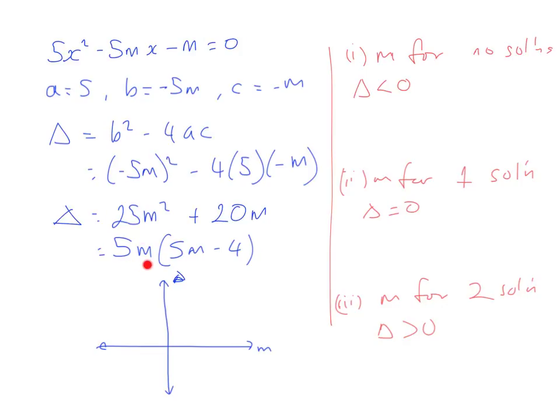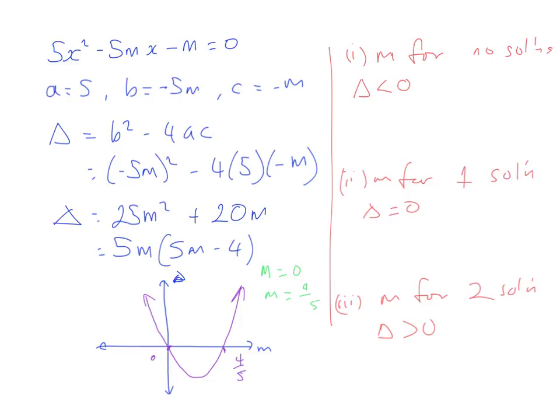If this is my 5m, then if I was going to find my x-intercepts, I get m equal to 0 and m equal to, rearranging this equation, 4 over 5. So my graph is going to go through 0. That's going to go like this. So there's my 0 point, and there's my 4 over 5.